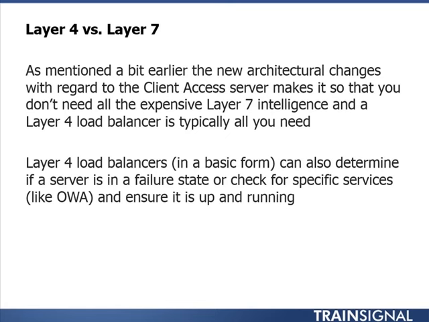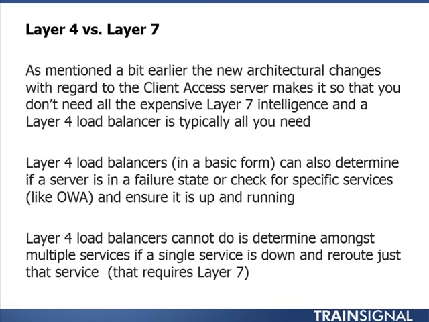We want it to understand when a server is in some sort of trouble, some sort of failure state, and then react accordingly. However, layer 4 load balancers cannot determine amongst multiple services if a single service is down and then reroute just that service. So that requires layer 7. So we have choices in this regard when it comes to the utilization of a layer 4 load balancer.